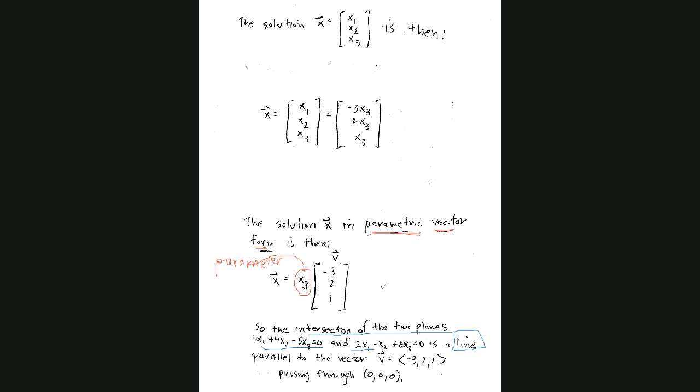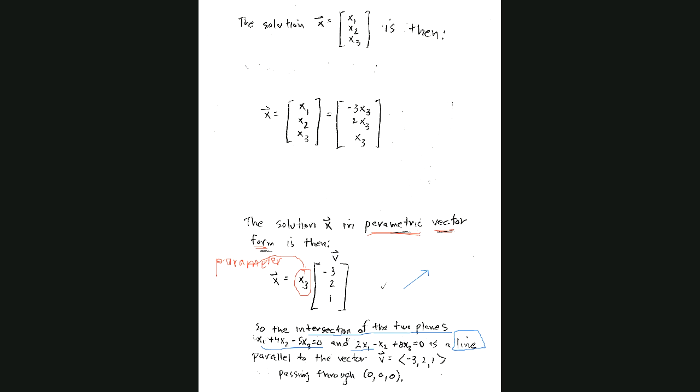If I draw a line, let me see what I can draw here. What I'm doing is drawing a vector.